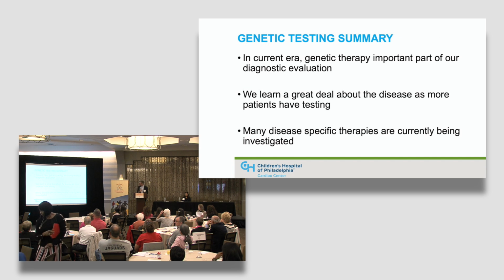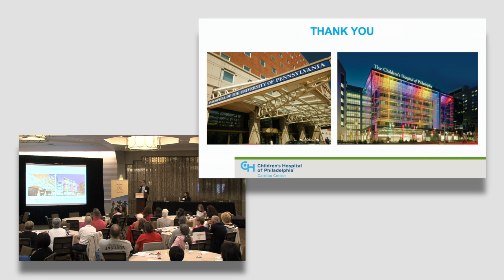But it's certainly our opinion that these are helpful for most of our patients most of the time. We do learn a lot about the disease by doing that, and by having more and more families tested, we have learned a lot. And there are now more and more disease-specific therapies being developed. So certainly this knowledge we think is helpful today and will certainly be helpful in the future.